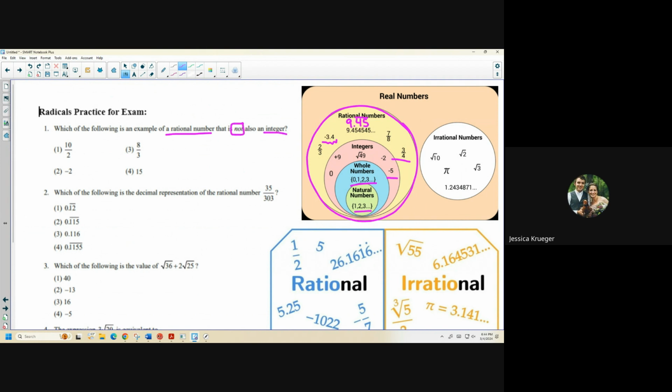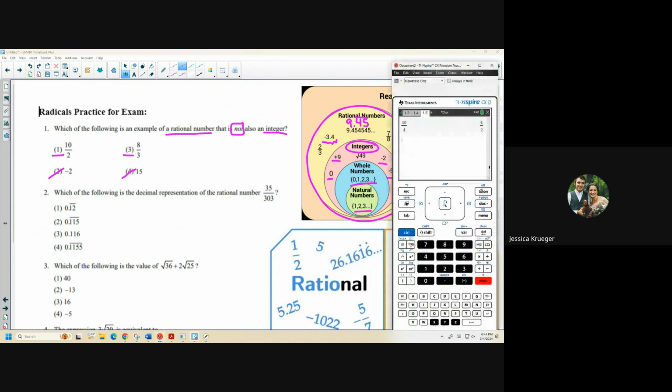So which is an example of a rational number that is not an integer? Well, what's an integer? Integers are positive and negative whole numbers. So if it's not an integer, it can't be 2 or 4. The question is, which of these two are rational but not an integer? Well, one of these is an integer in disguise. So let me use my calculator just to see if I can figure out what these are.